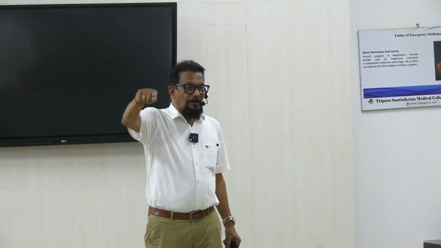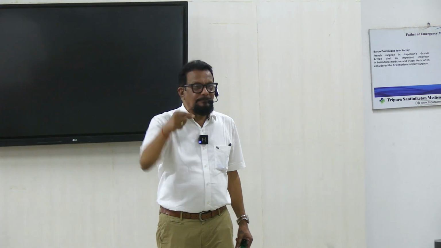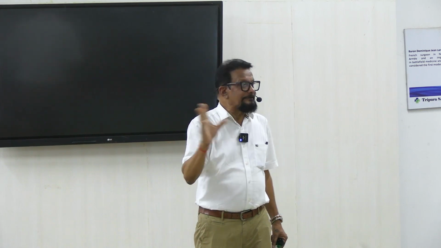So in 24 hours, the flow is 1500. How much will it be in 1 minute? Divide 1500 by 24, then you get ml per hour. Then divide this value by 60, then you will get it per minute. In this way, you can calculate urine flow. Only thing is you have to collect 24 hours urine.